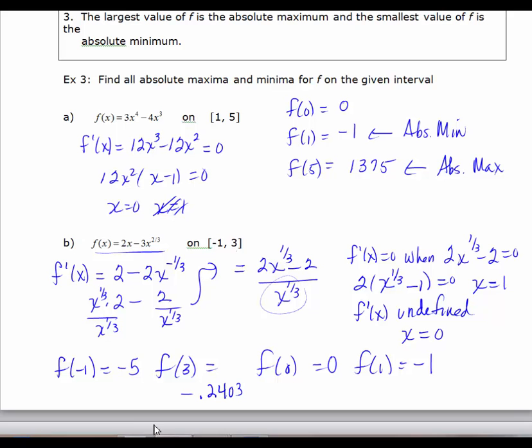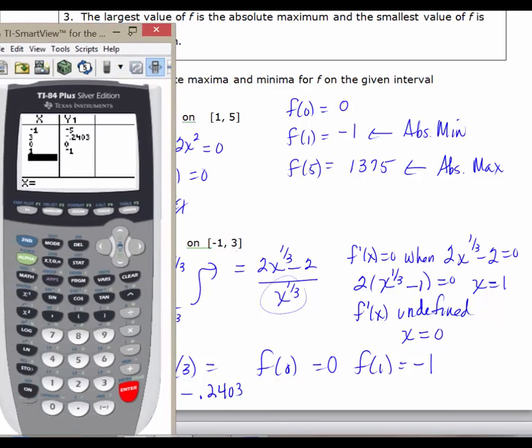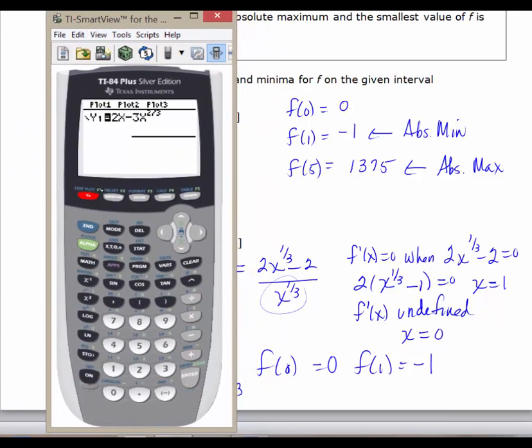So we can graph this. And I'm just going to do a zoom 6. Here's our function. I'm going to trace on 0 and I'm going to zoom in.